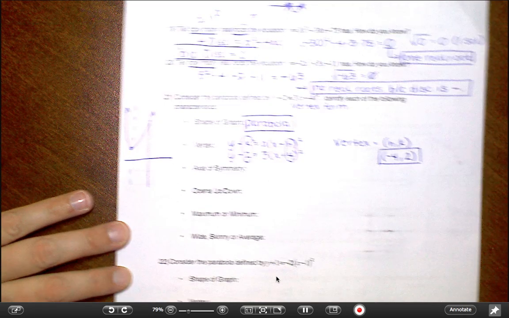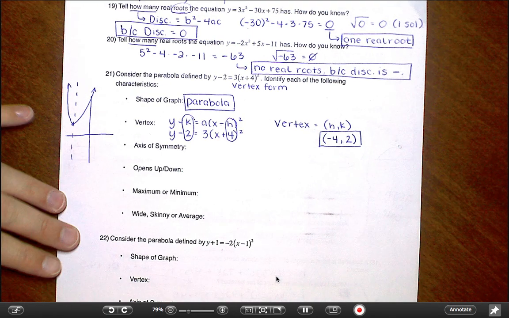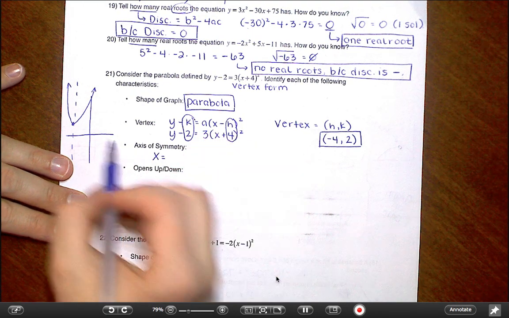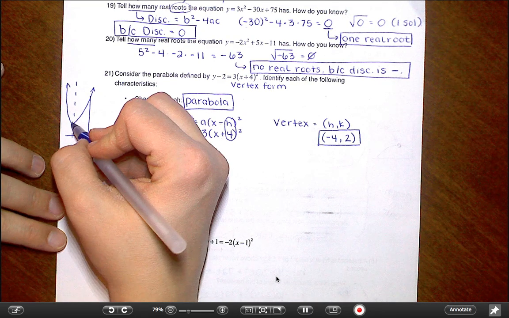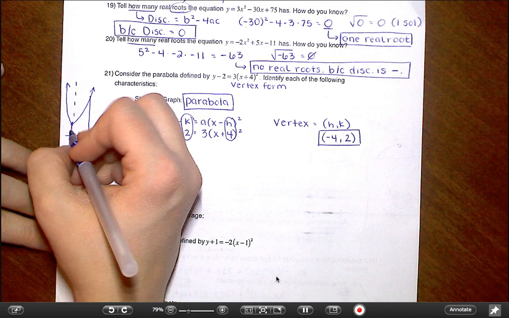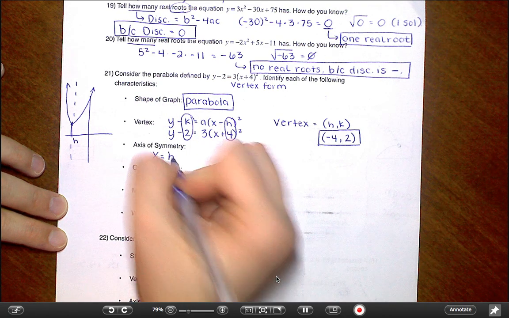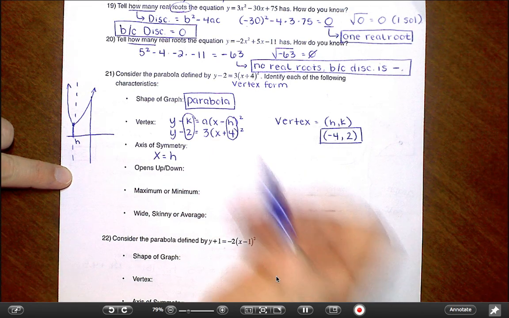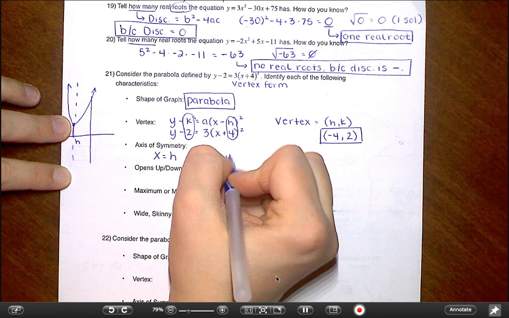And the equation of a vertical line is always x equals a number. Because this goes through the vertex, it must have the same x number as the vertex, which is really your h value. So axis of symmetry is always just x equals whatever h was. If you look back here, it was negative 4, so my axis of symmetry is x equals negative 4.